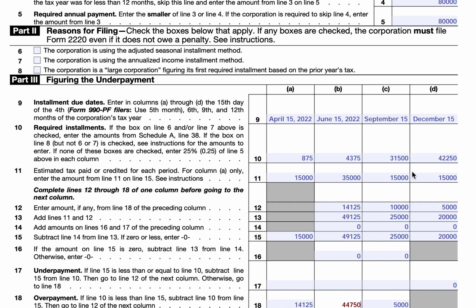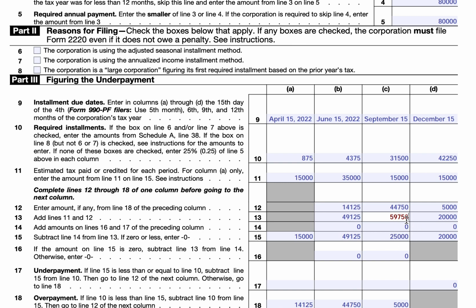So now we go up to column C, and we've got the $31,500 payment. That's the required payment. The estimated tax, we paid $15,000. We're going to enter the line 18 amount here, so $44,750, and then we're going to add those. So that becomes $59,750. And then, were there any amounts on 16 and 17 before?